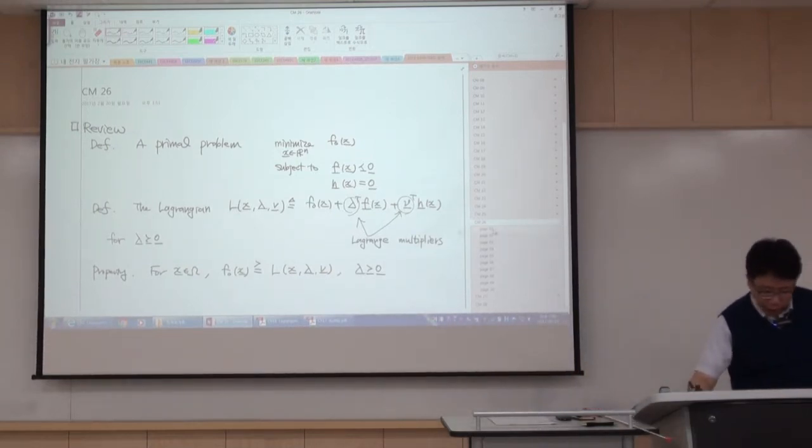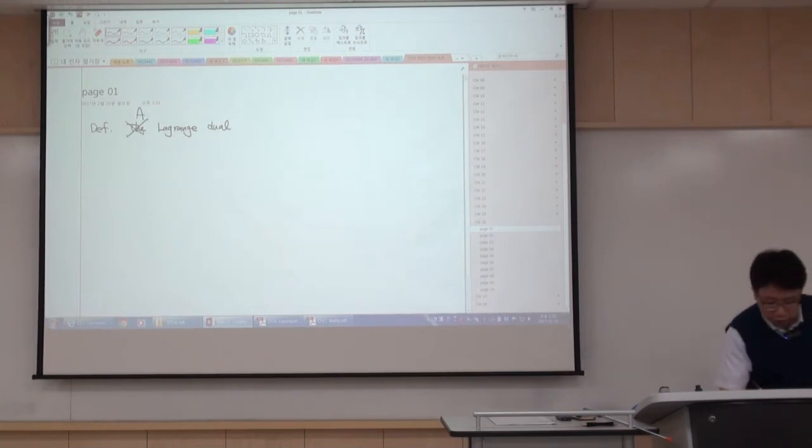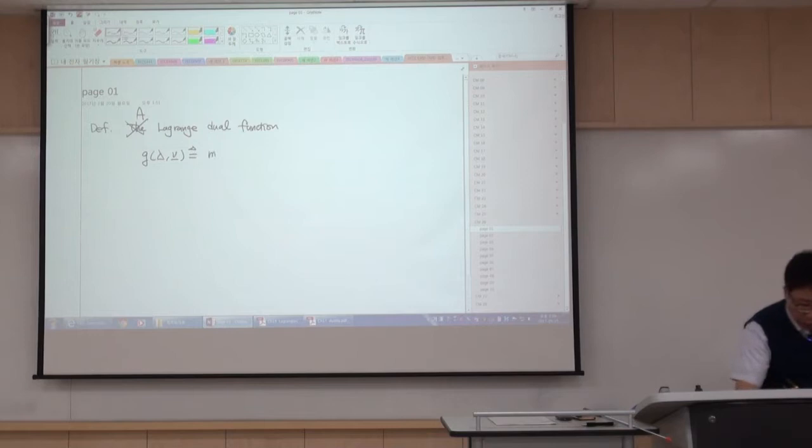Now we have another definition: the Lagrange dual function. I'd better say a Lagrange dual function because it's not unique. We are going to use G, a function of lambda and nu, as the infimum of the Lagrangian.